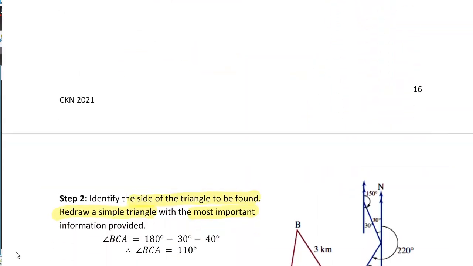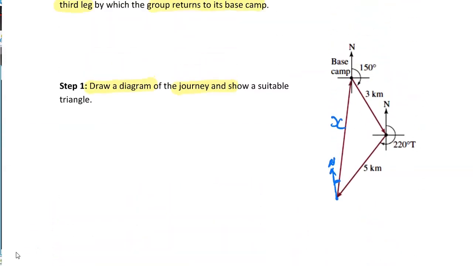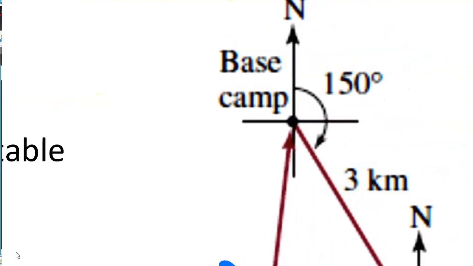Okay, so it's 150 degrees to there. We know that because, I might just expand that, because that's 150 degrees, that must be 30 degrees. Why is it 30 degrees, I hear you ask? Because it's that straight line here.